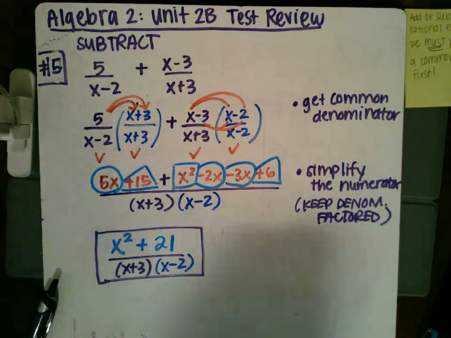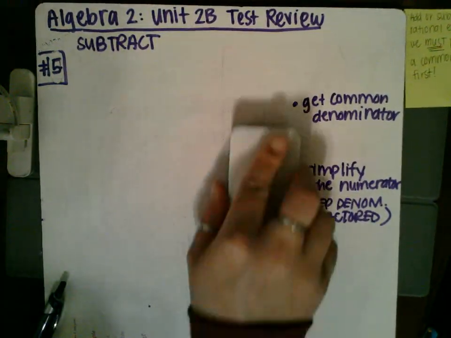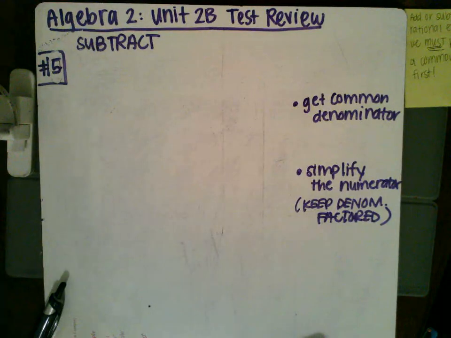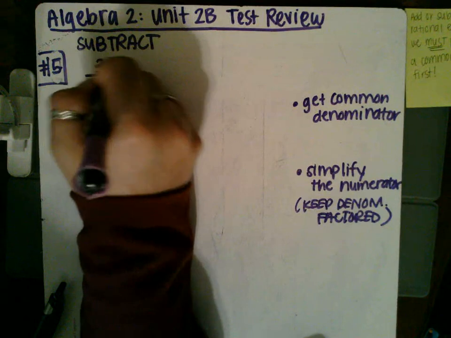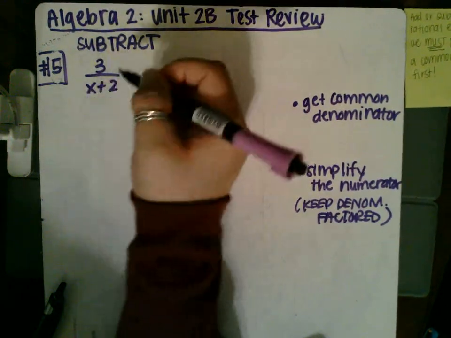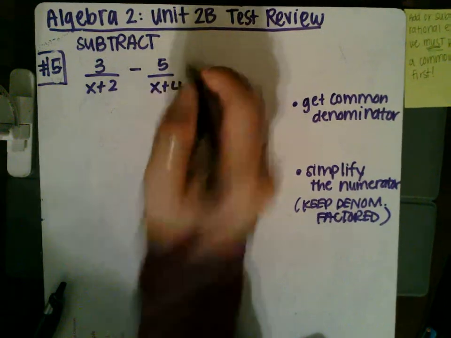And remember, for addition or subtraction, we follow these same rules. So I'm going to kind of leave these to the side here. We are going to subtract the following expression, 3 over x plus 2 minus 5 over x plus 4.